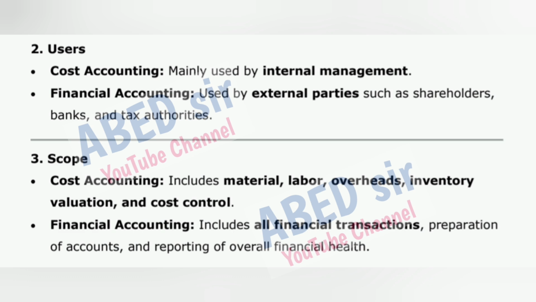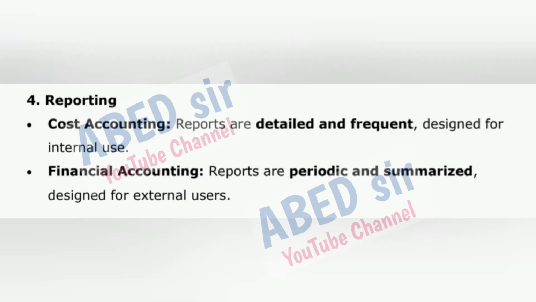Financial accounting includes all financial transactions, preparation of accounts, and reporting of overall financial health. 4. Reporting. Cost accounting reports are detailed and frequent, designed for internal use. Financial accounting reports are periodic and summarized, designed for external users.